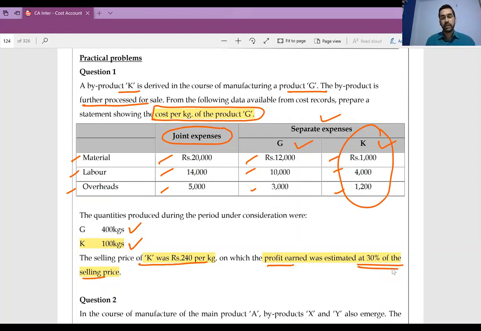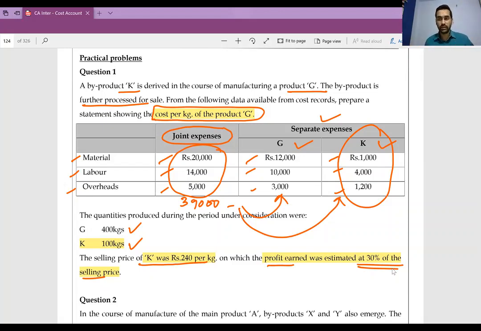Then what to do in second working note? Total joint cost I know: 20 plus 14 plus 5, 39,000. From that, whatever is attributable to K, if I deduct, then the balance should be attributable to G. That will give you share of G in joint expense.